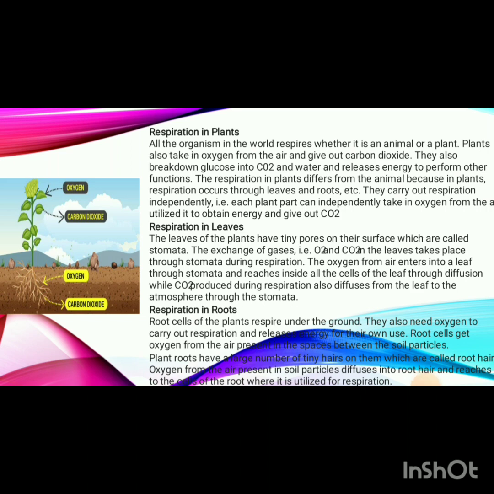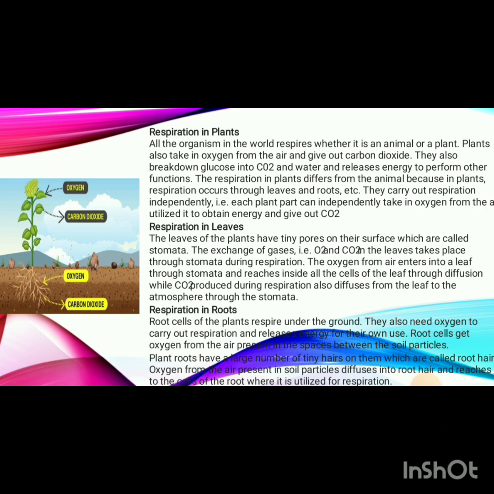All the organisms in the world respire, whether it is an animal or a plant. Plants also take in oxygen from the air and give out carbon dioxide. They also break down glucose into CO2 and water and release energy to perform other functions. Okay.